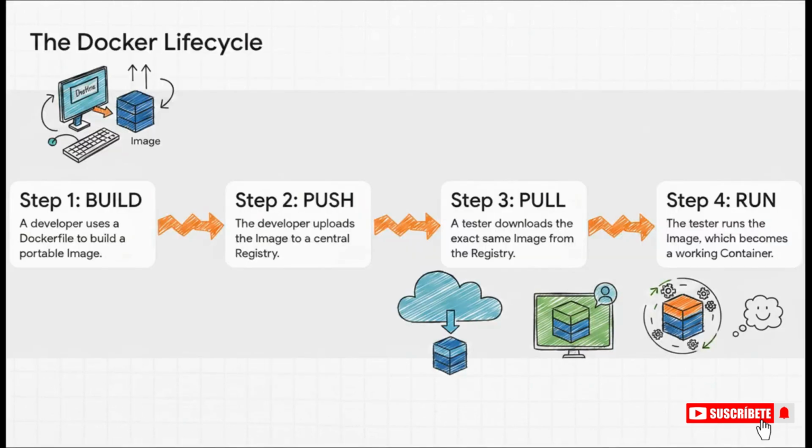And all of this comes together in a super straightforward 4-step process. First, the developer uses that Dockerfile to build a portable image. Second, they push that finished image up to a registry like Docker Hub. Third, anyone else, a tester, a server, a colleague, can pull that exact same image down. And finally, they run it, and it springs to life as a perfectly working container. And just like that, the "it works on my machine" problem is gone.